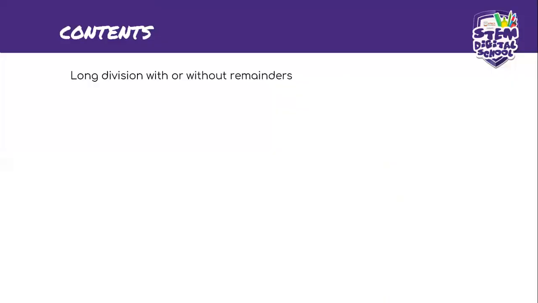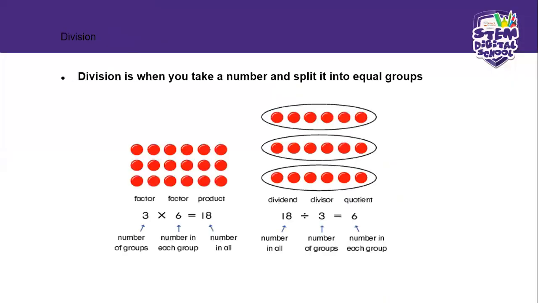So doing long division with or without remainders. Now division is when you take a number and split it. Normally it's a composite number, that's a number that has been made out of numbers. And sometimes you speak about prime numbers. A prime number is a number that's only divisible by one and itself.